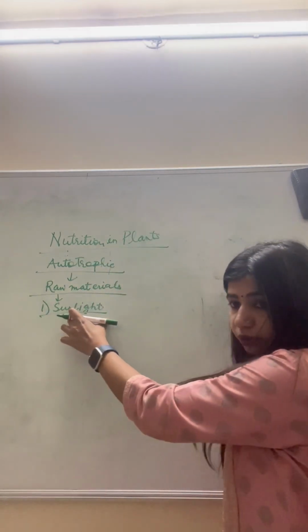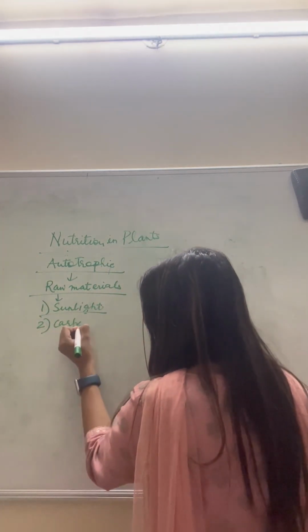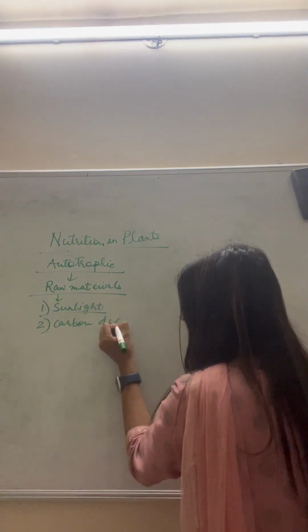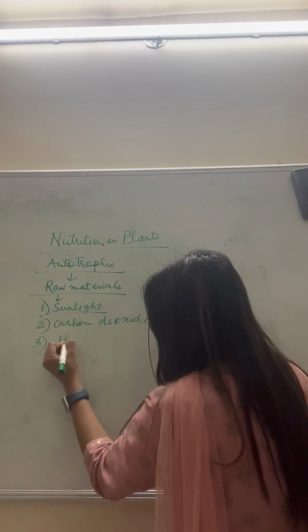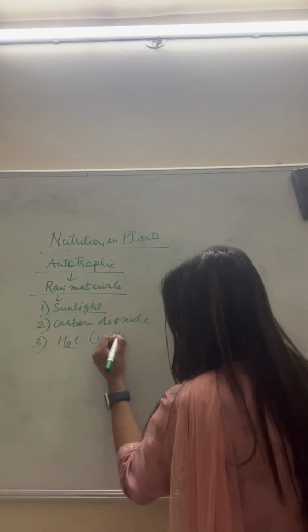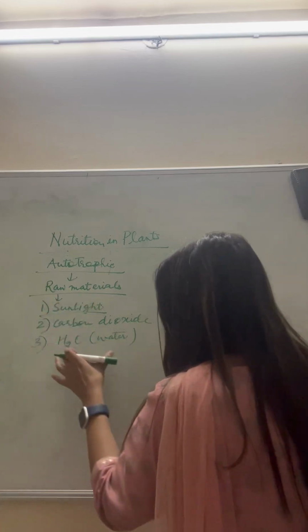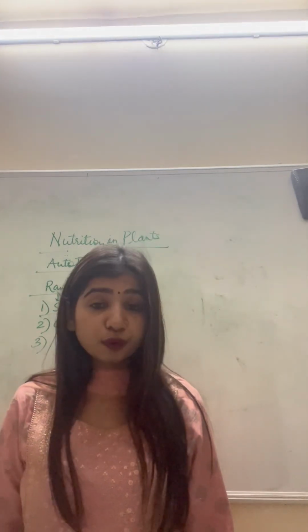The other one is carbon dioxide, and water. So through these raw materials, plants are able to prepare their own food.